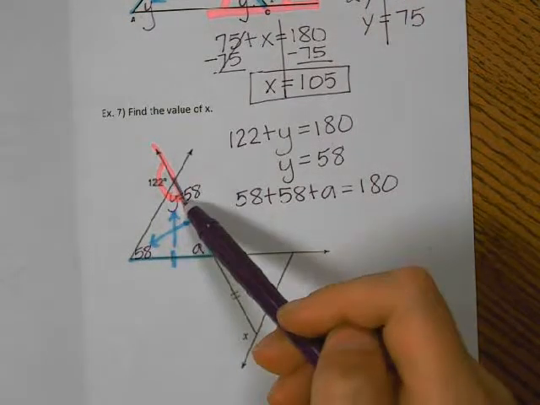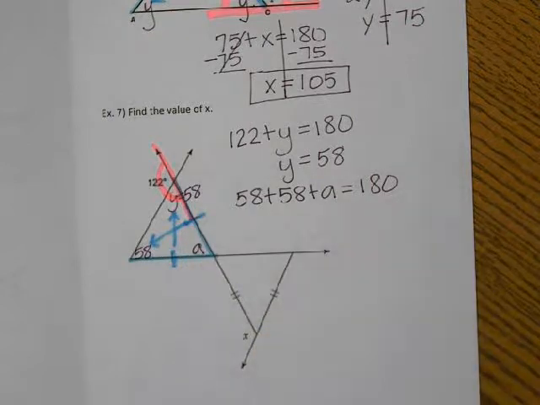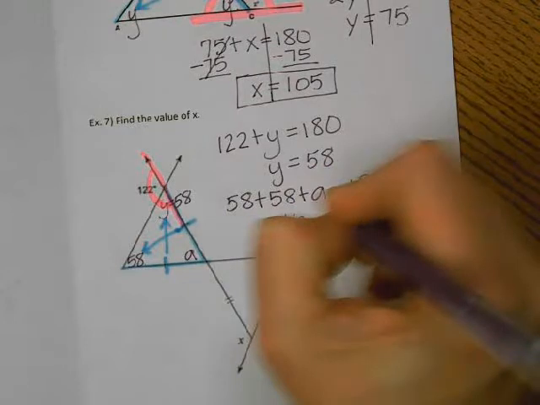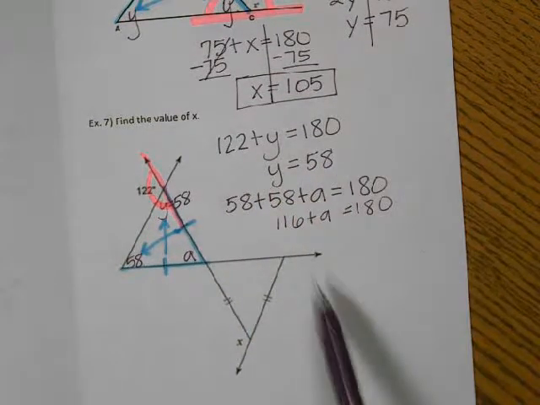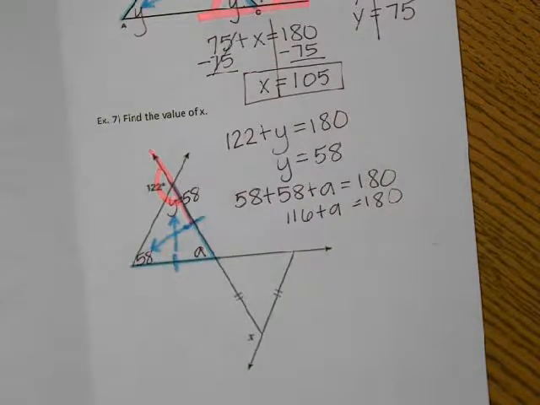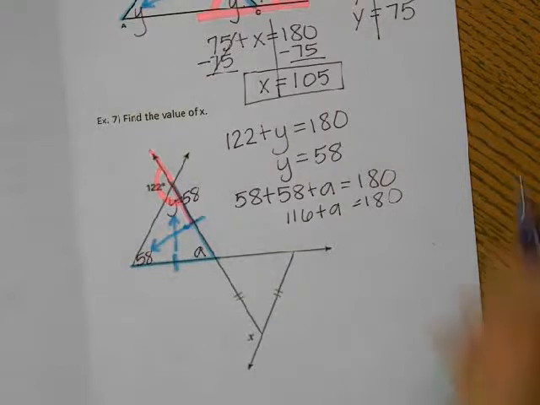That's 58 here and 58 there because this is an isosceles triangle. So 58 plus 58 is 116 plus A equals 180. Now we're going to subtract 116 from 180 and we get 64.